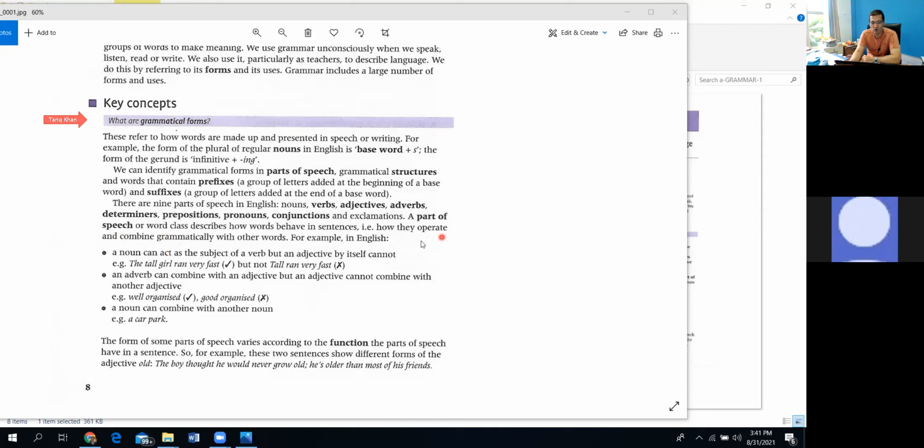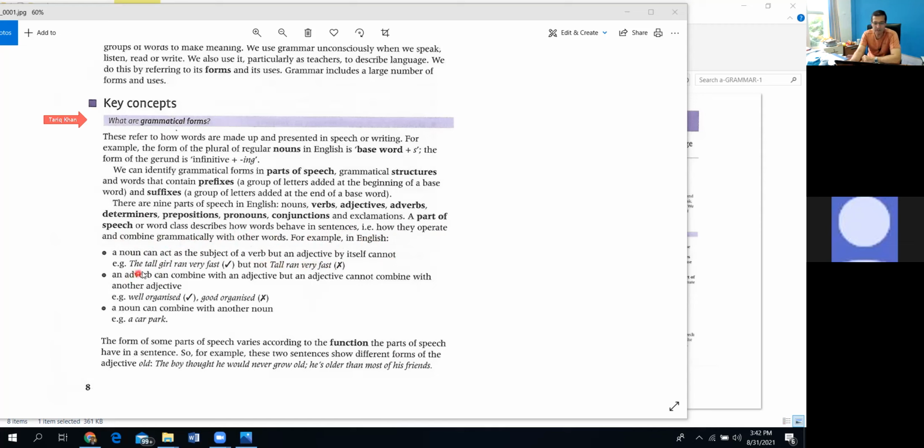For example, how they operate and combine grammatically with other words. For example, in English, a noun can act as the subject of a verb, but an adjective by itself cannot. They are just giving you some examples.